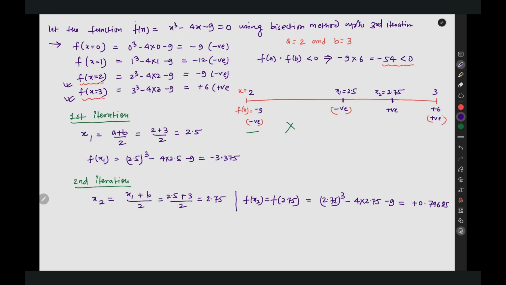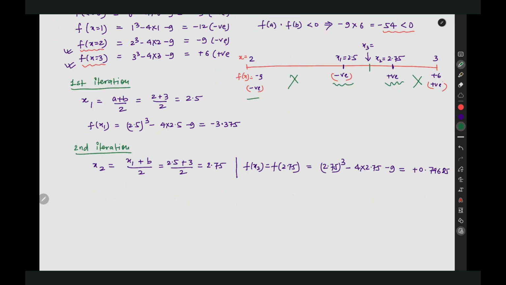This is x2. Now again we know that the next iteration value will lie between a negative function value and a positive function value. So the next root lies here, not here. x3 we will calculate here. So moving to the next iteration value, that is the third iteration. x3 equals, we will take in between this.